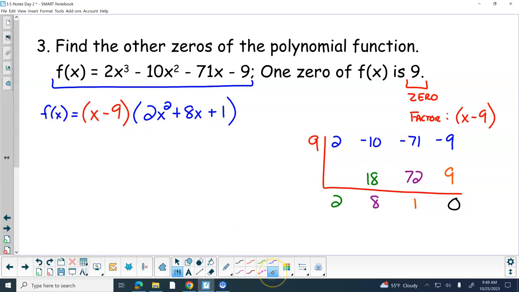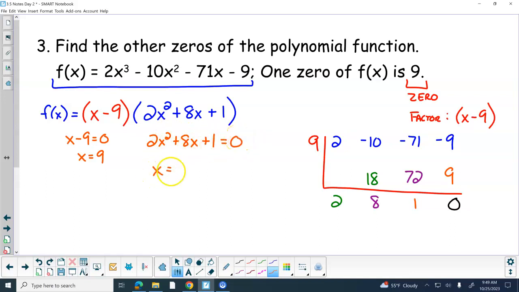So on this one, it would be x minus 9 equals 0, but that already gives me that 0 that was already given. Okay, so that one's there. So then 2x squared plus 8x plus 1 equals 0.